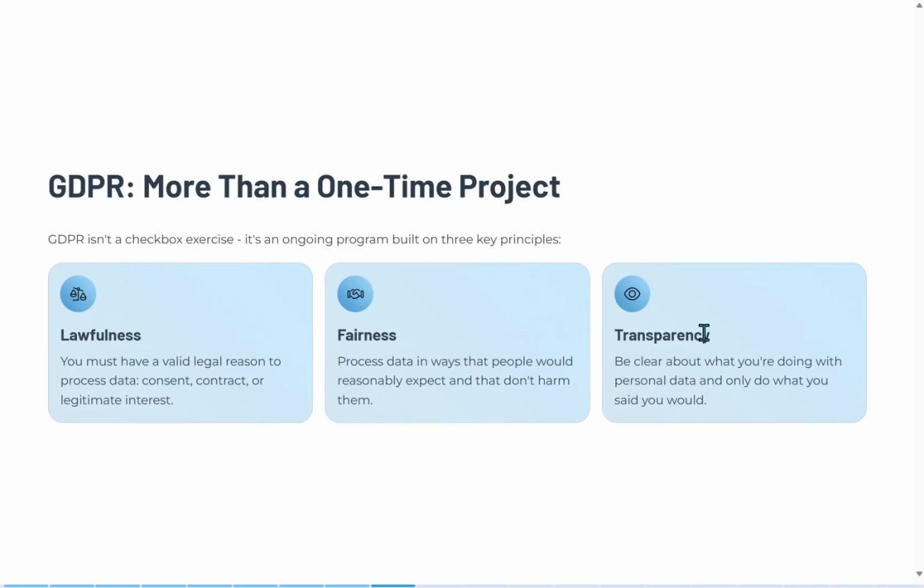So we have three key principles of GDPR, which are lawfulness, fairness, and transparency. The lawfulness, you must have a valid legal reason to process data: consent, contract, or legitimate interest.